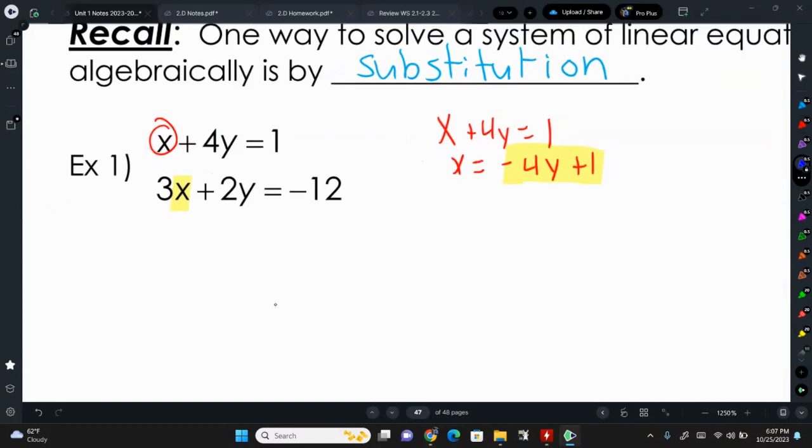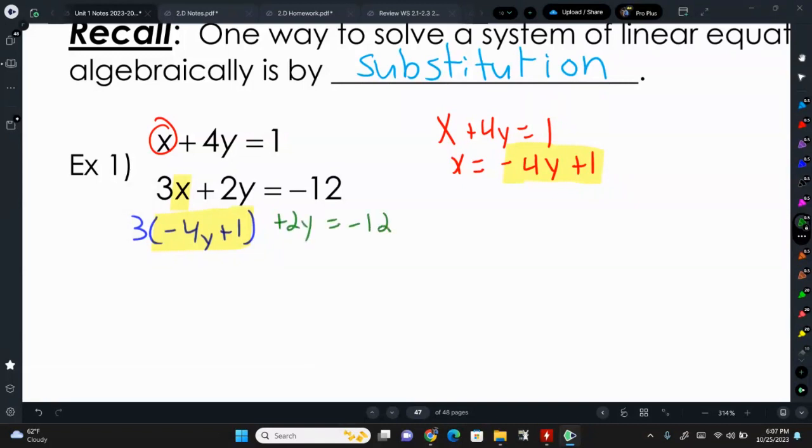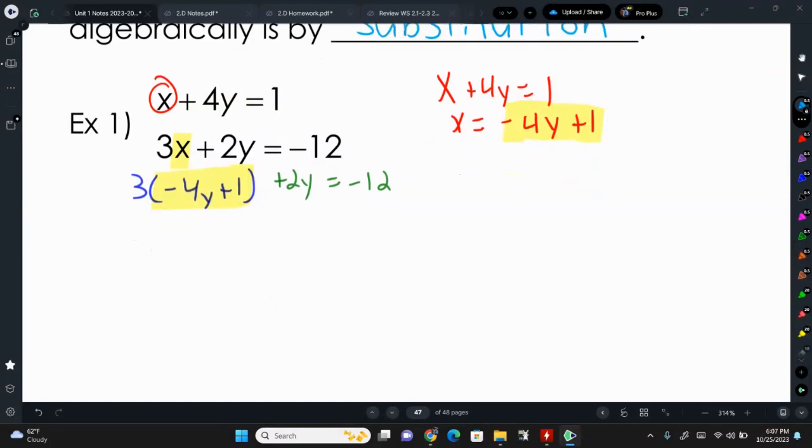So 3, but instead of x, we're going to write negative 4y plus 1, because that is what x equaled, plus 2y equals negative 12. Now we can solve this because we just have one variable, y. So distribute the 3, we get negative 12y plus 3 plus 2y equals negative 12.